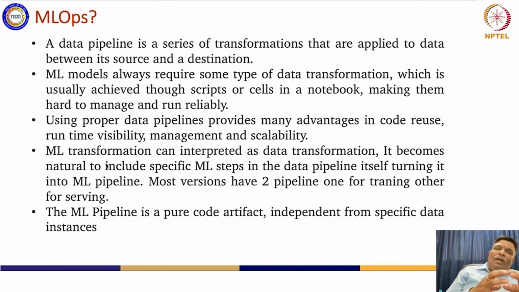So most versions have two pipelines, one for training and the other for serving. So what does this basically mean? Now we are talking of our application which has to do some task like classification, object detection, recognition, any number of applications. It will have two separate pipelines, right?